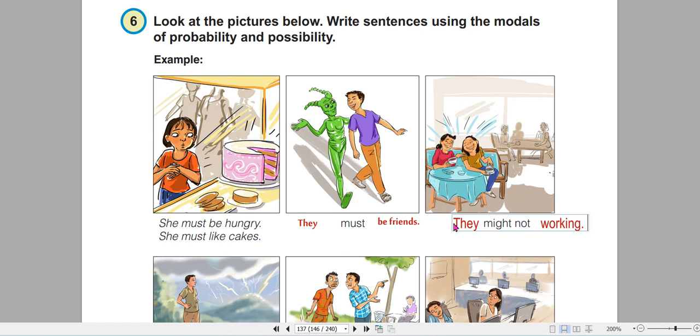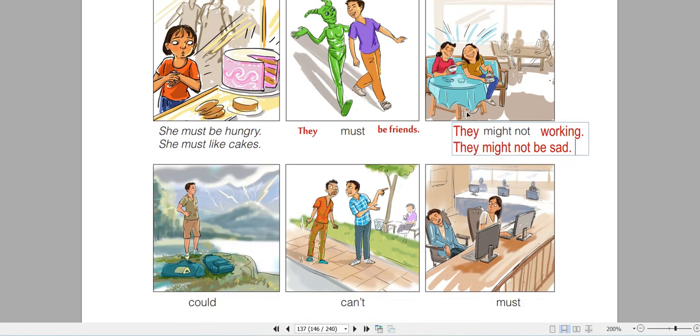Let's say they might not be talking about a sad story. Yes, they might not be sad. Okay, I think when sad, they look happy, right? So they might not be working, or they might not be talking about work.